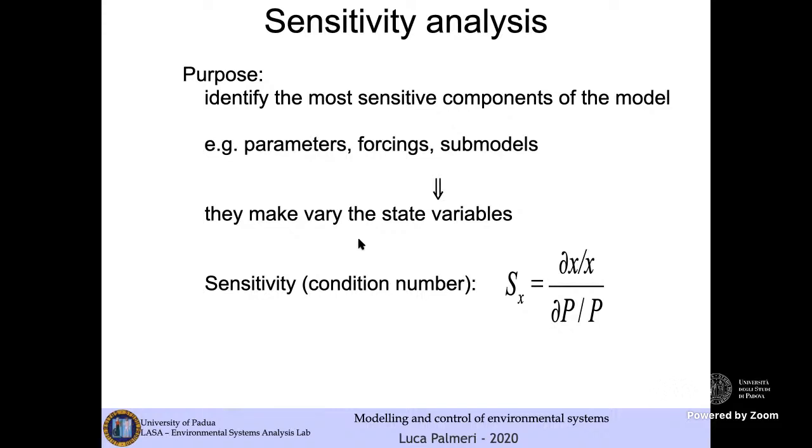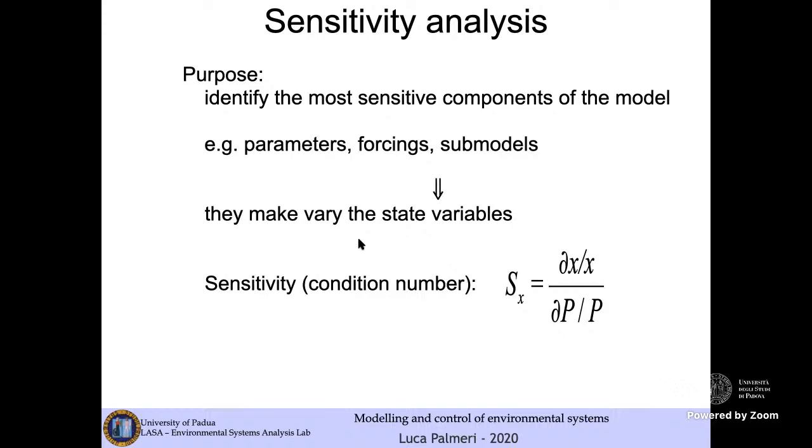Now let's introduce some of the steps that allow us to understand or to characterize the behavior of my model. In particular, the first step, after mathematical formalization, is that of doing sensitivity analysis. What is the purpose of this analysis?